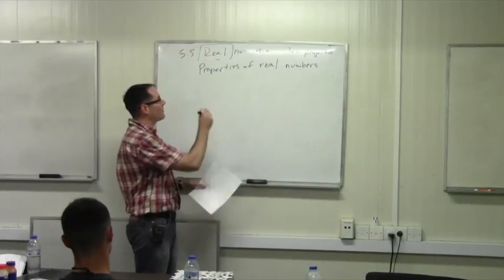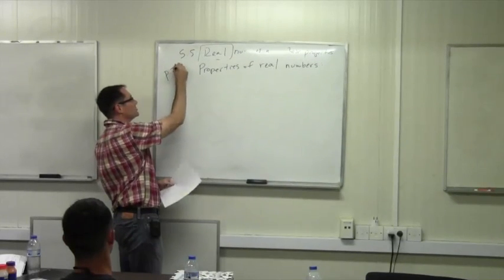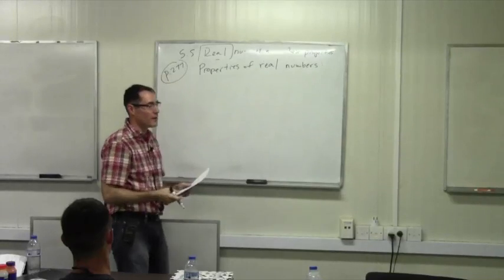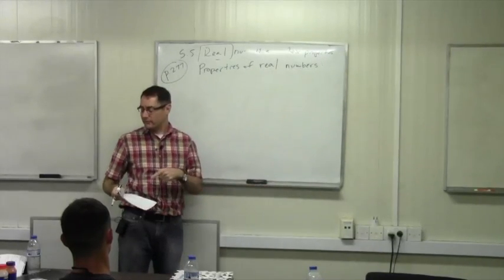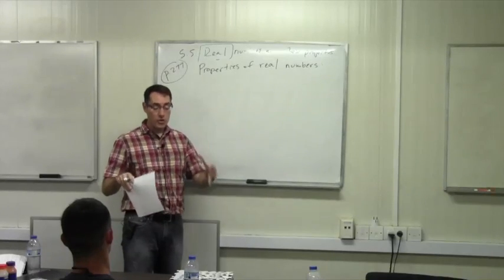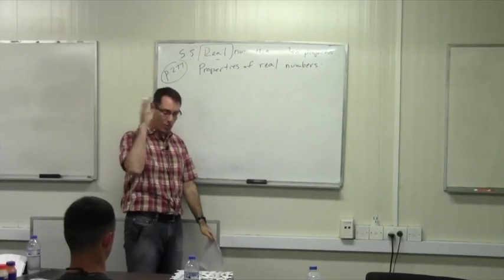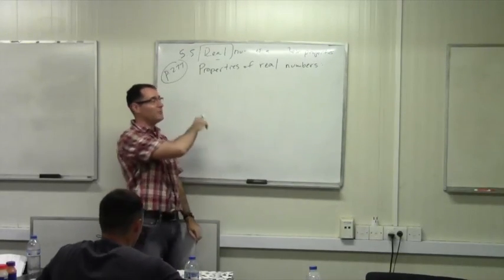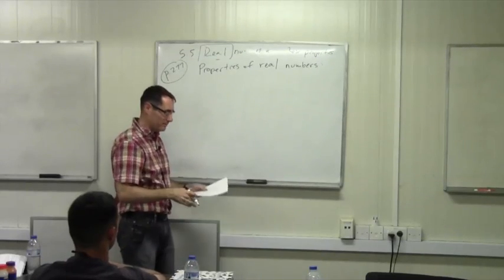By the way, this is on page 277 in your book. You do not need to go in the book, and you don't have to bring your book to class. I'm never going to say open your book and look at page whatever, but I might write down things like this so you can go home and look them up.